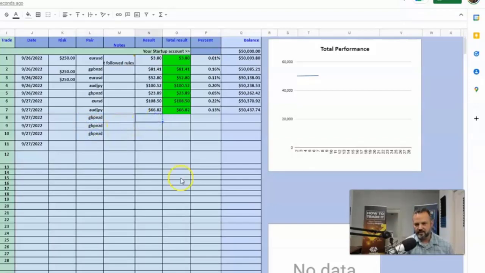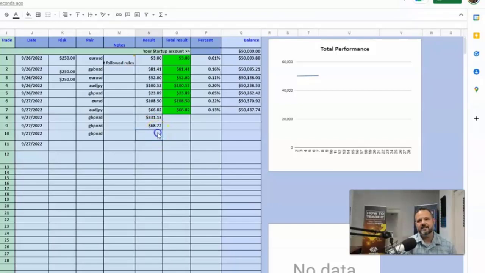Now the first one was, this was a big boy. This was a big boy, 331.13. And then I hit a 68.72.